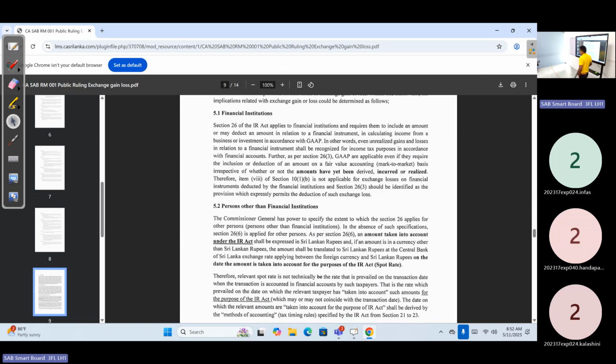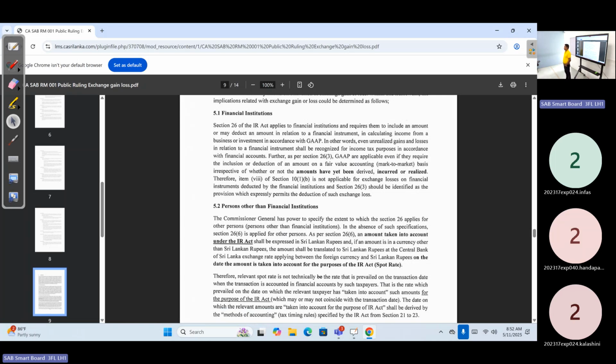Section 26 subsection 6 says that the Commissioner General has power to specify the extent to which section 6 applies. It says further, if any amount is in a currency other than Sri Lanka rupees, the amount shall be translated to Sri Lanka rupees at the Central Bank of Sri Lanka exchange rate applying between the foreign currency and Sri Lanka rupees on the day the amount is taken into account for the purpose.